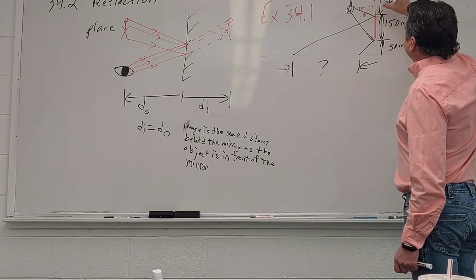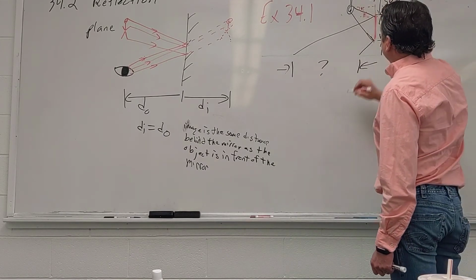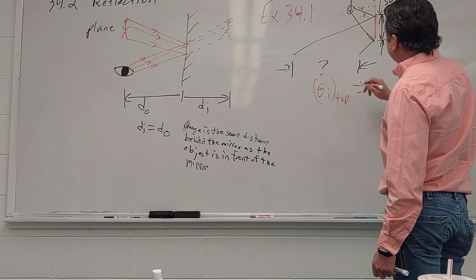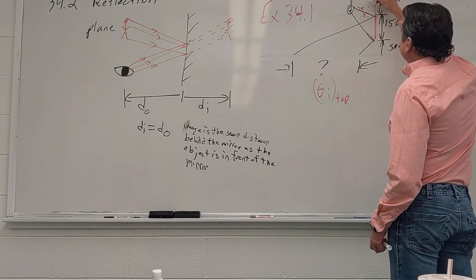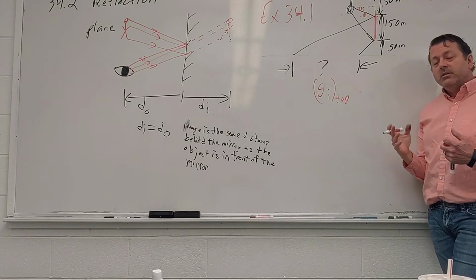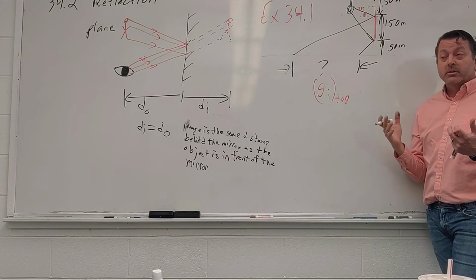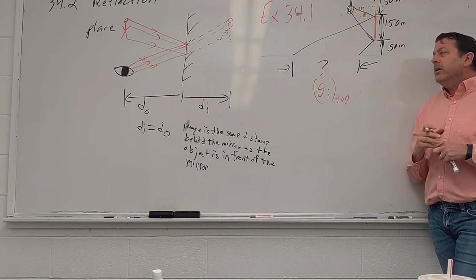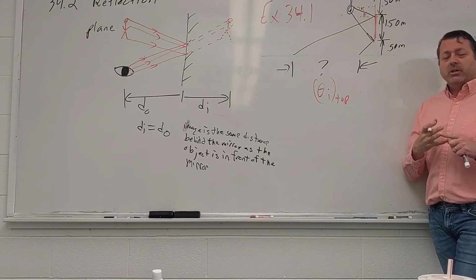And we know that side's 1.5 and that side's 0.50. So we'll say the angle of incidence for the top. Well, we've got an adjacent side and an opposite side. We're doing angles, triangles, and sides, so we know we're probably going to use trig. What trig function involves opposite and adjacent?